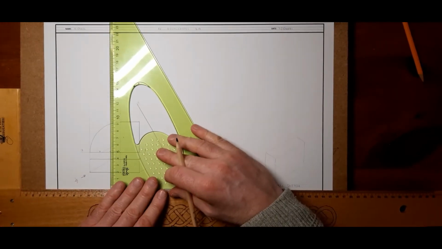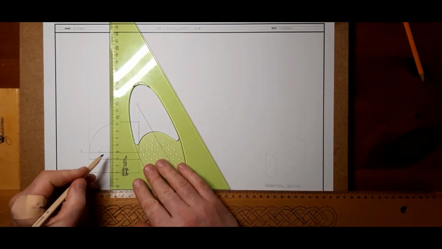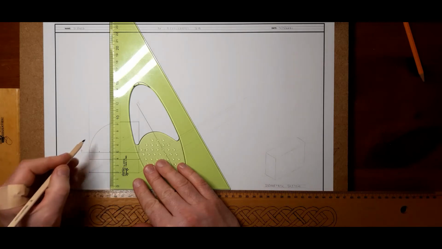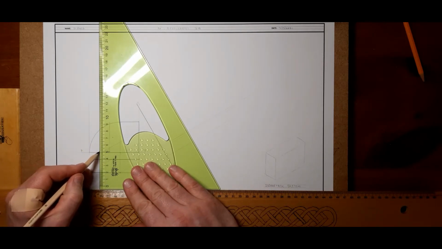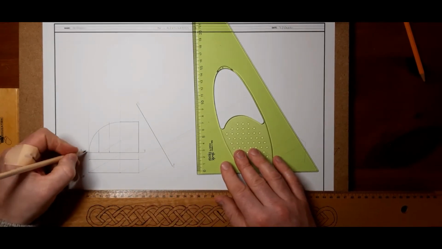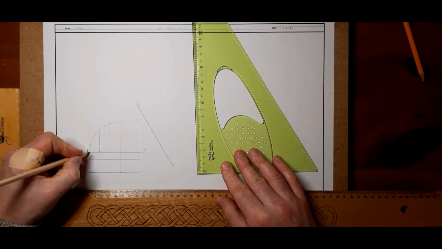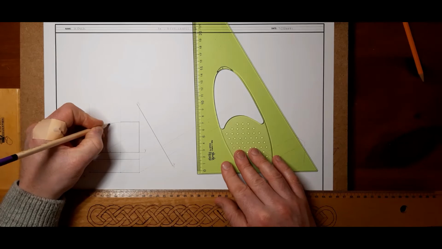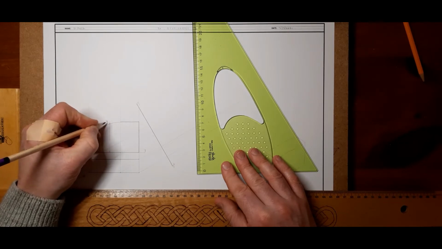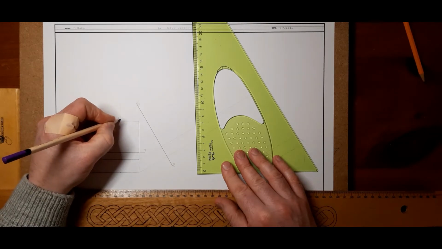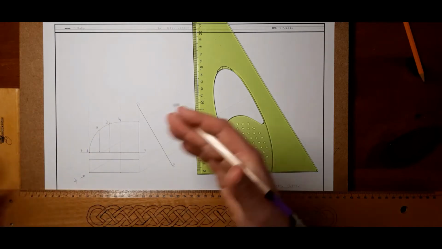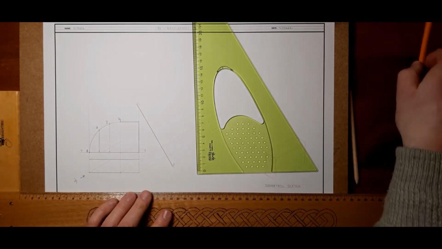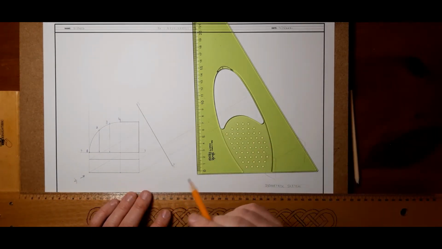I'm going to draw up two vertical lines there. And that will give me these points then. I have point 1 down here at the bottom. Point 2 there. Point 3. And then up there at the top, point 4. Obviously, the more points you get, the more accurate your freehand curve will be. But that will do me for now.